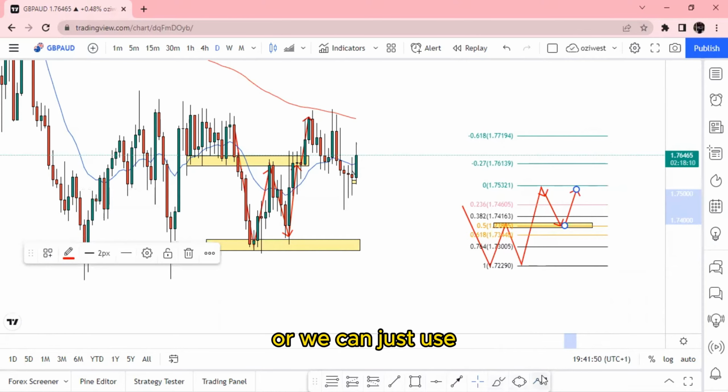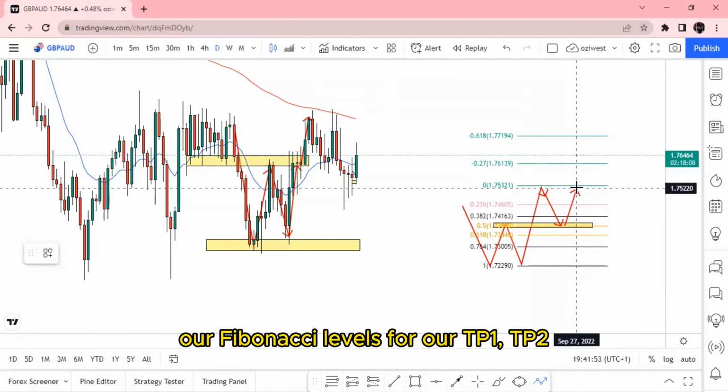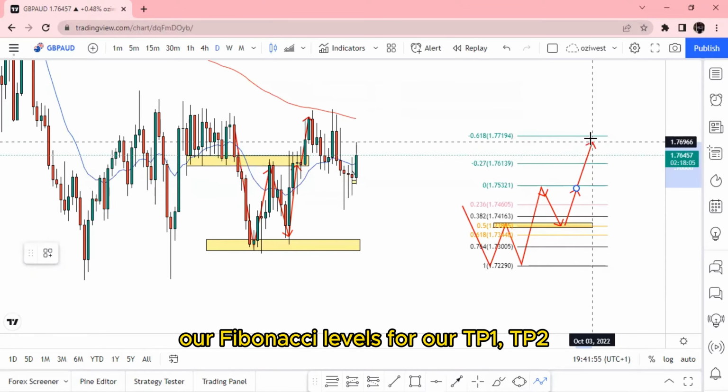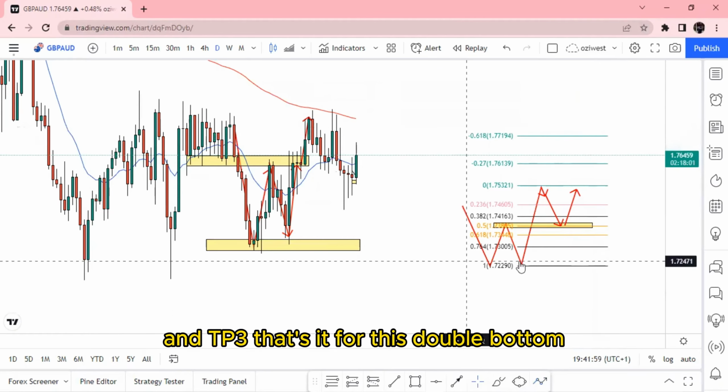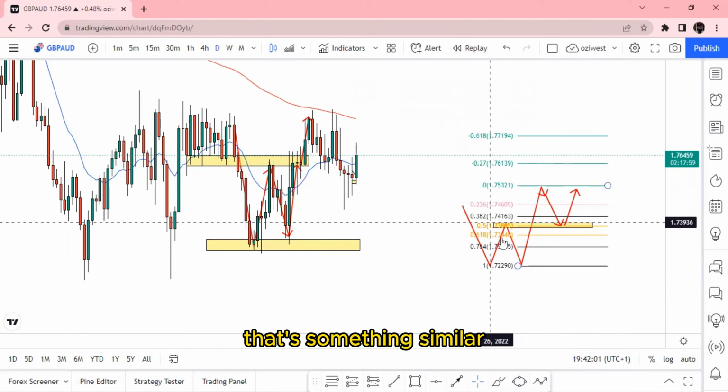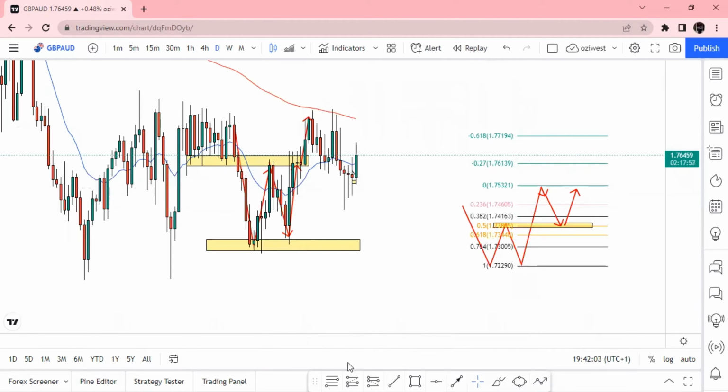Or we can just use our Fibonacci levels for our TP1, TP2 and TP3. So that's it for this double bottom. Something similar happened here.